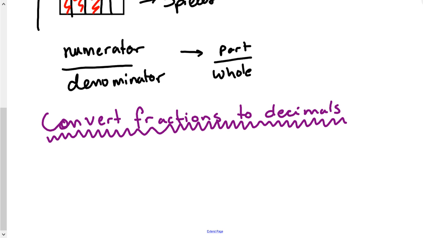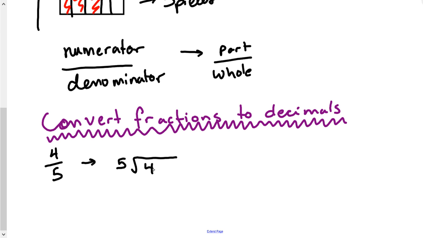So for instance, if I had the fraction 4/5, and I didn't know what that one was offhand and I needed to convert it into a decimal, I can change this into 4 divided by 5. 4 fits into 5 once. Oh, I did that backwards. That should be 5 on the outside here.